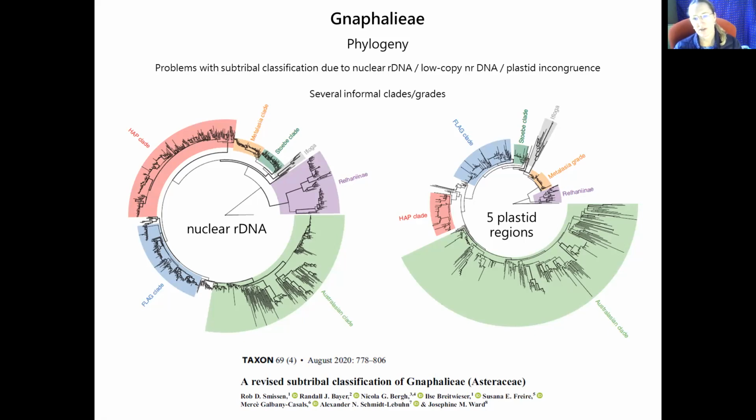We're not completely sure of the membership of some of these clades. There's often low support around the backbone of the tree, and so we don't have a full understanding of the relationships of these clades to each other. And also there's a few taxa that are in different places in different trees or unplaced, difficult to place.